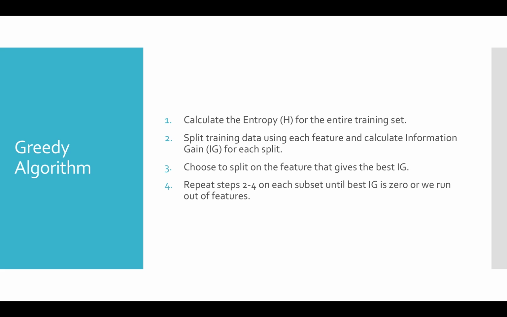Third, we want to choose to split on the feature that gives the best information gain, best being maximum. And 4, we want to repeat steps 2 through 4 on each subset until the best information gain is 0, meaning we can't really do anything else, or we run out of features.